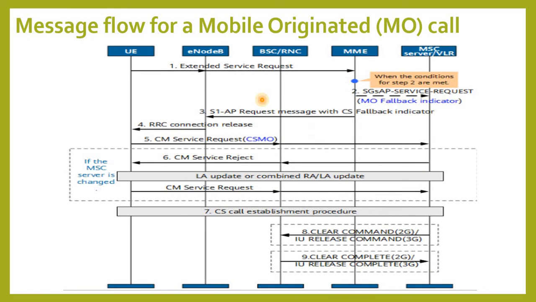So now let's discuss very quickly the message flow for a mobile originating call in case of CSFB. Whenever the subscriber dials the call, a message called the extended service request is received at the MME. When the MME receives this message, an indication of service request is sent to the SGs associated MSC server.